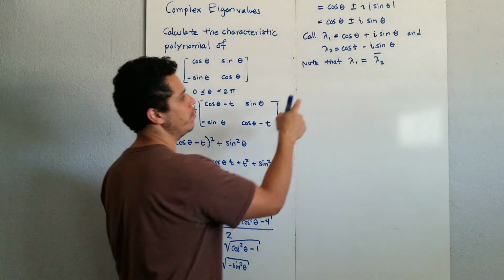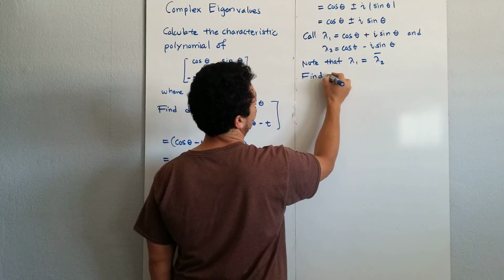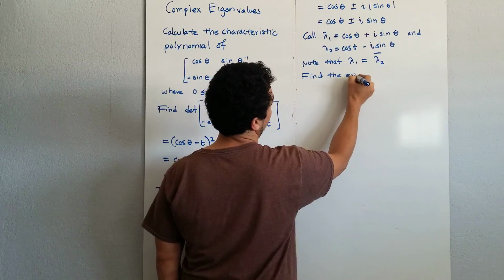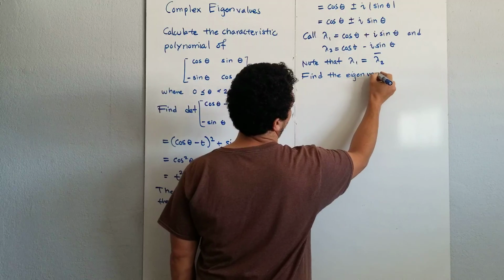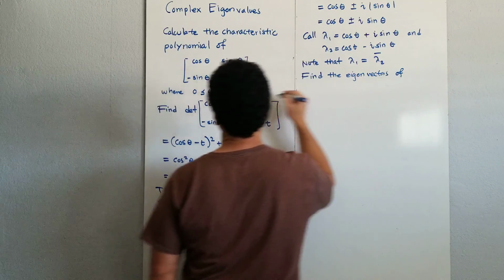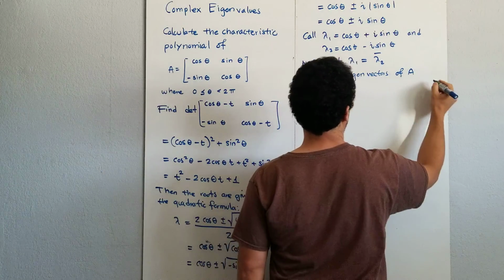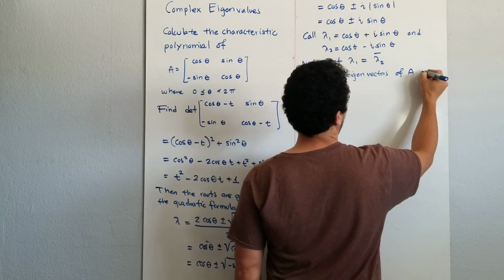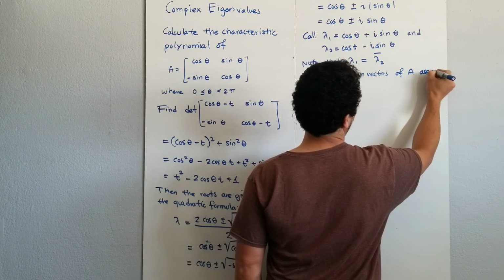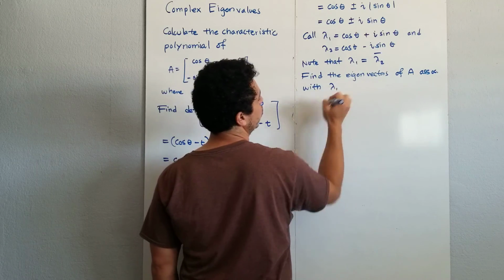So I'm going to pick the first one. So let's find the eigenvectors of the matrix that I'm going to call now A, associated with lambda 1.